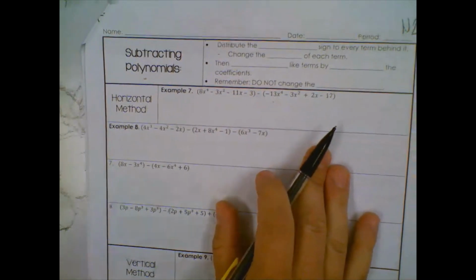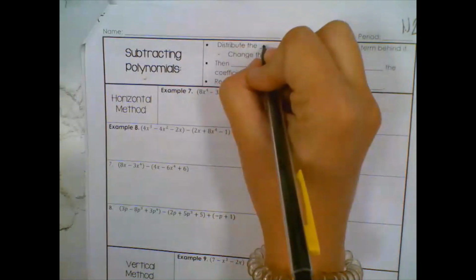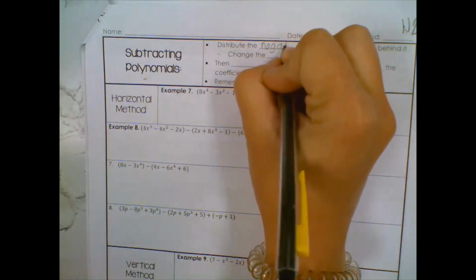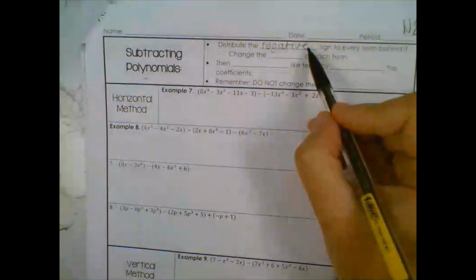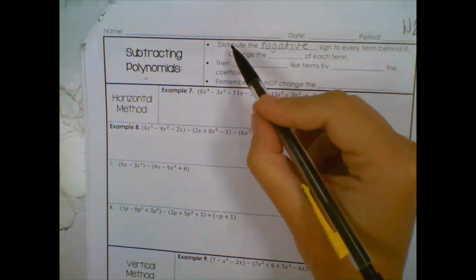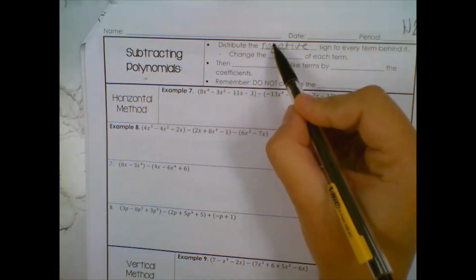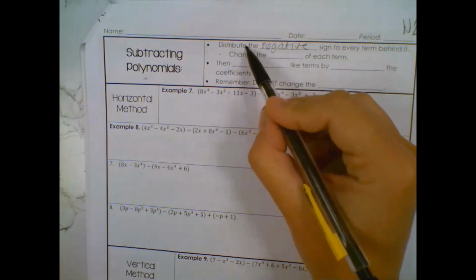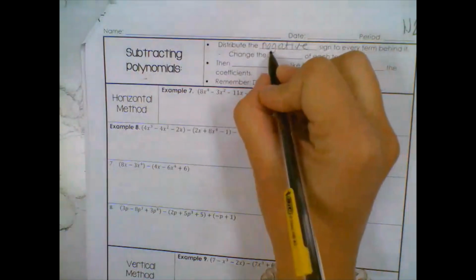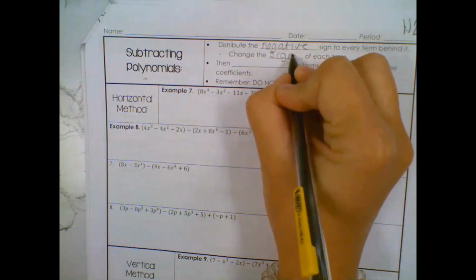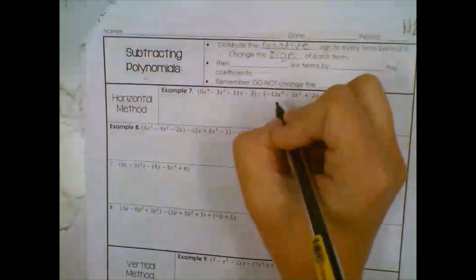The extra step is we have to distribute the negative sign to everything behind it before we then write in standard form. What we need to remember is that distributing a negative is the same thing as multiplying by a negative 1. That's what distribution is. So what that does is it changes the sign of each term behind it.